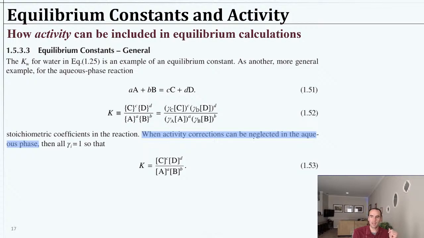Now, if we have a dilute solution and we can safely assume that all of these are 1, that's where we get this equation that we started with. So most of the time we're going to do that, but like I said, we're going to figure out how to calculate each activity coefficient, which, by the way, can be different from one chemical to the other. The activity will depend on how they interact with water, and how they interact with other stuff around in water. So we will see that could make an impact.